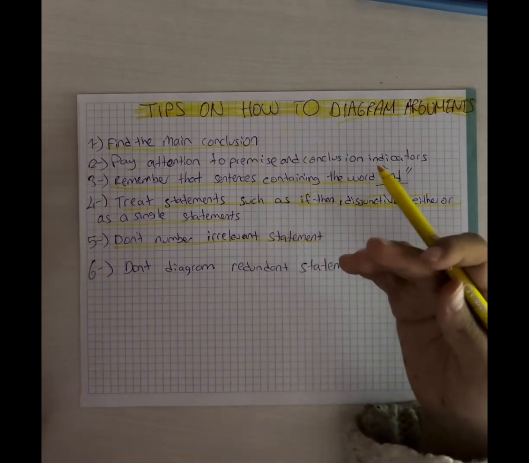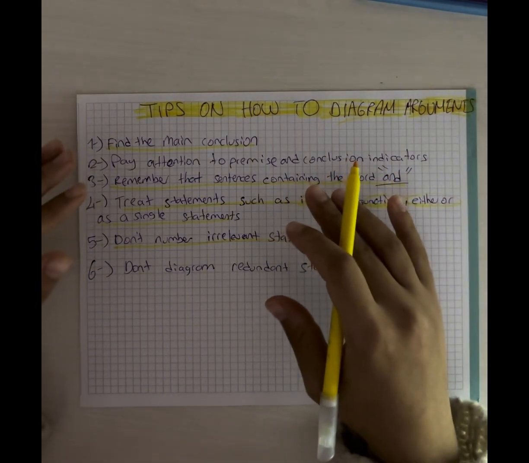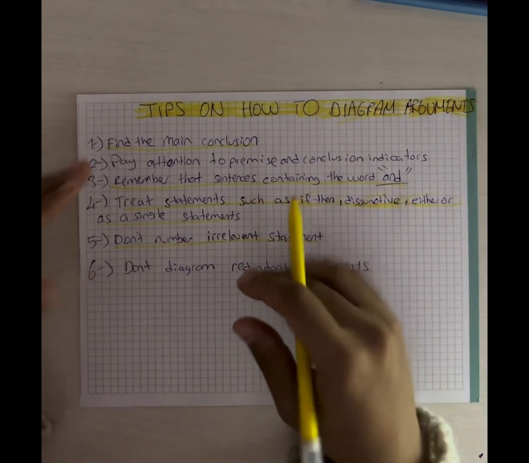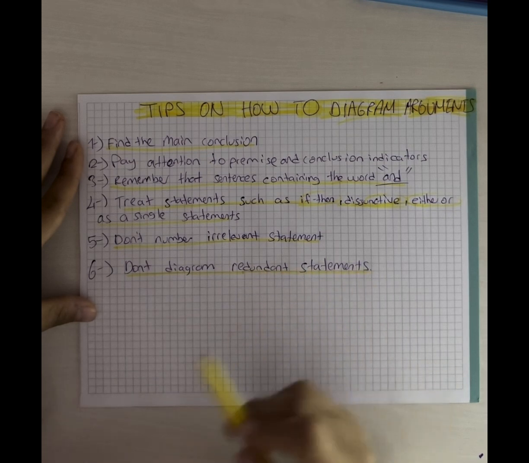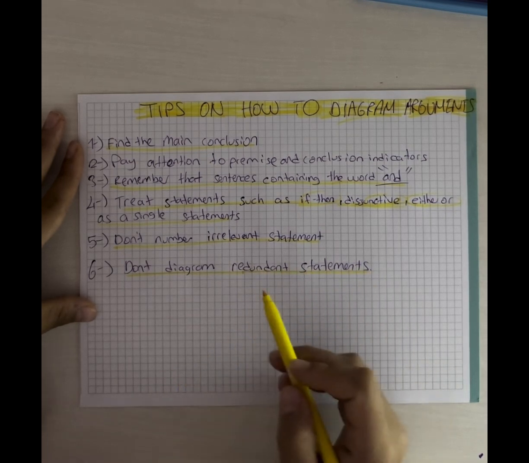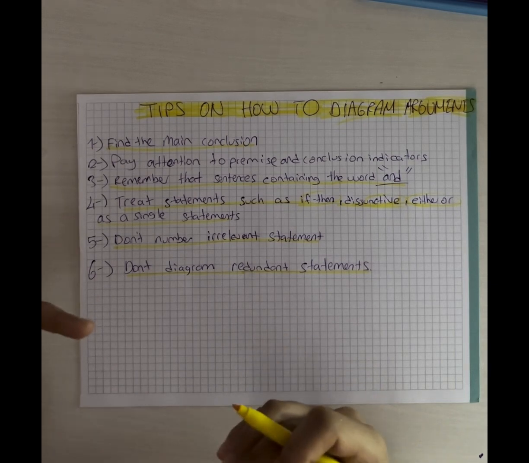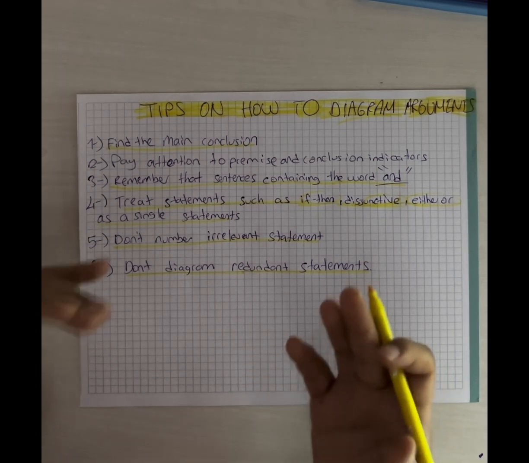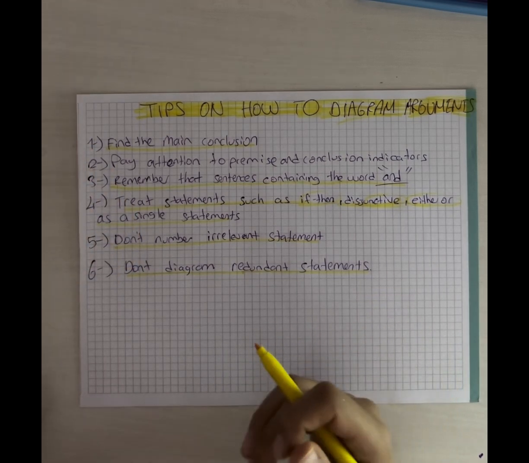Irrelevant statements are not necessary to support the conclusion, so they should be omitted from the diagram. Don't diagram redundant statements. These statements repeat what has already been said, so they should also be omitted from the diagram.